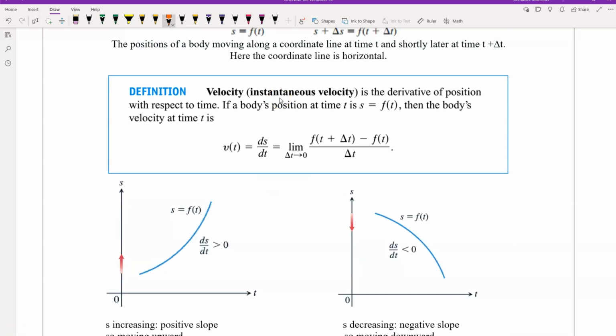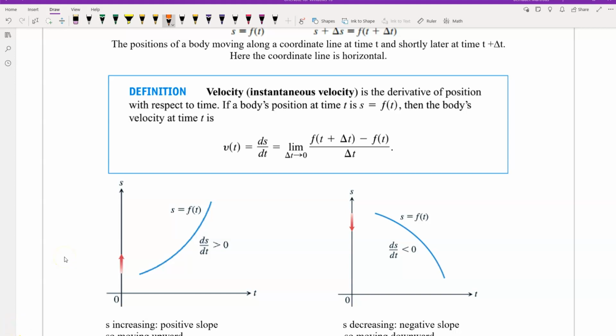Velocity, or instantaneous velocity, is the derivative of position with respect to time. If a body's position at time t is s equal to f of t, then the body's velocity at time t is v of t equal to ds divided by dt, equal to the limit as delta t approaches 0 of f of t plus delta t minus f of t, divided by delta t.